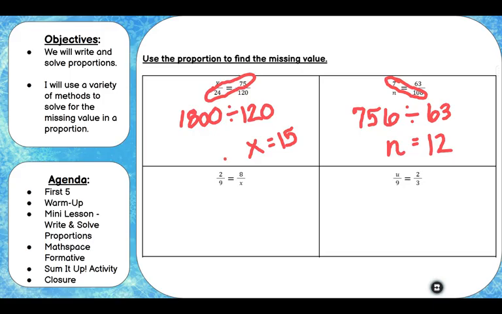So how would I get from 2 to 8? I would multiply 2 by 4. And if I multiply 2 by 4, what do I have to do to the bottom? I also have to multiply it by 4. So what's 9 times 4? 36. So in this case, x equals 36.